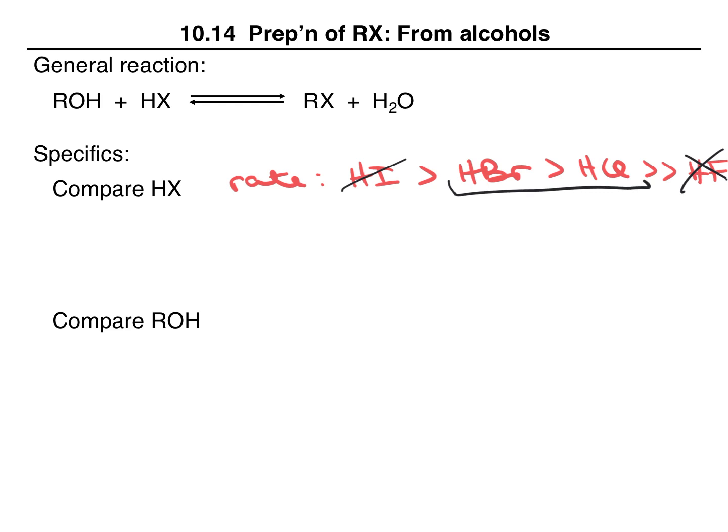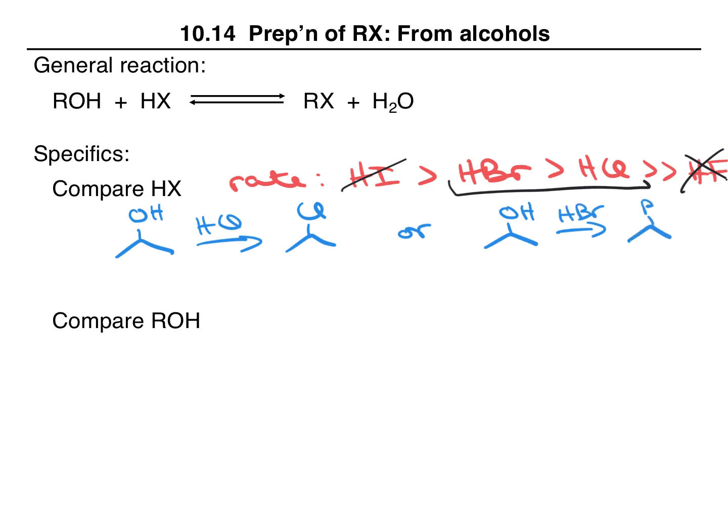What does this mean then to say that this reacts faster than this one? If we were to compare the same starting material being treated with HCl to form the chloride, or being treated with HBr to form the bromide, there's a couple different possibilities.